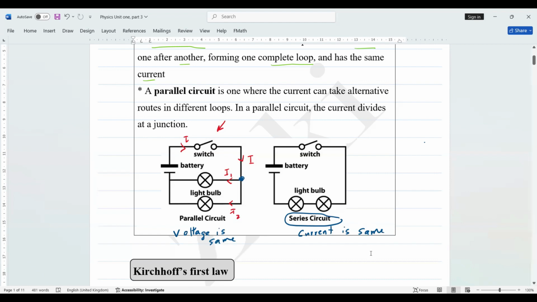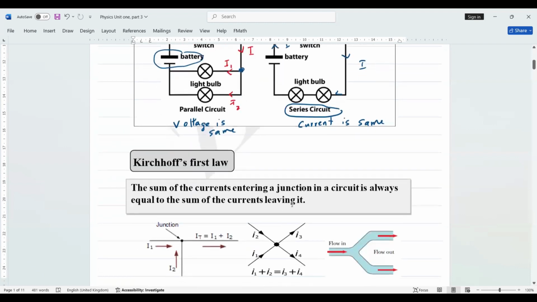So this is the difference between series and parallel. In series, the current is the same, so it is just one loop, one current. But in parallel, we have different loops. We have a junction, and at this junction, the current I from the battery is split into I1 and I2 or I3 and so on.